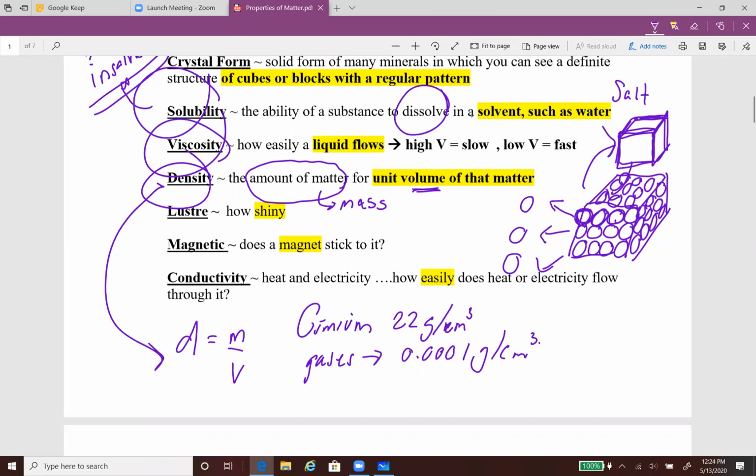So what's the difference? Obviously, the feathers would take up more space. That would be the difference, right? So mass is one thing, density is something different. Density is the amount of mass over the volume. And this is, again, something that we'll look at in detail next week.